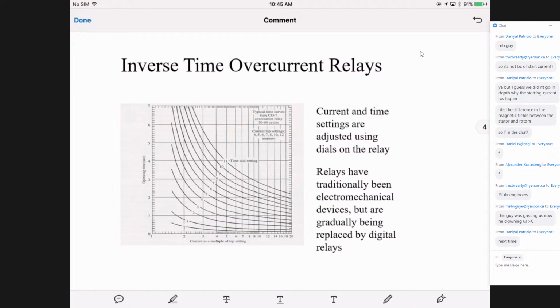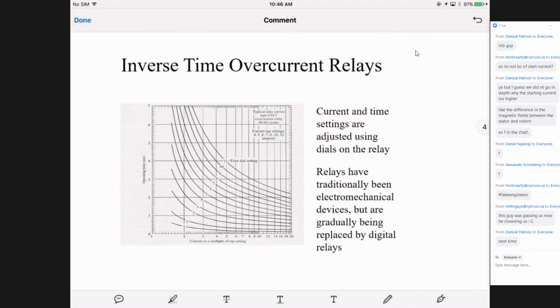Now, a better drawing of the inverse curve is this set of curves in the relay, a bunch of inverse curves. Protection has been around for almost 100 years.